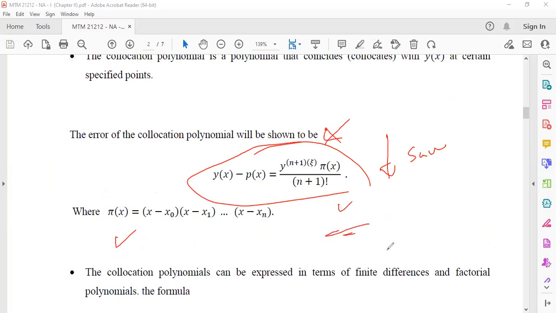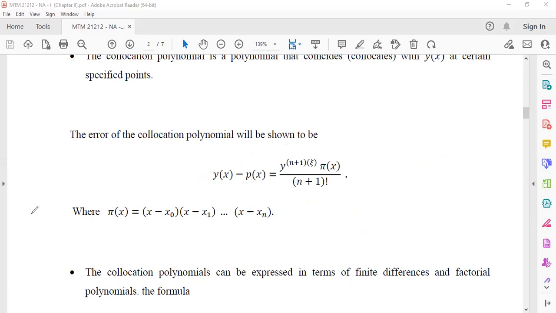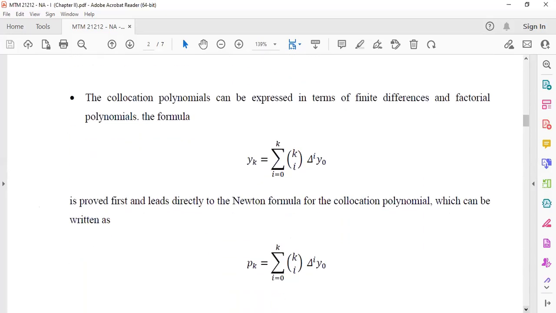We are also going to use some examples. Okay, let me continue. So this is our error formula. Similarly, the collocation polynomial, this is one of the notes. The collocation polynomials can be expressed in terms of finite difference and factorial polynomial.